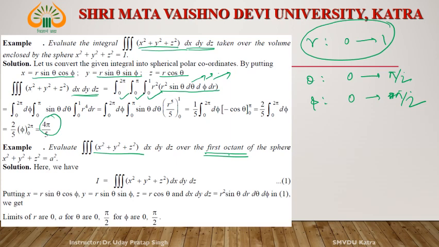The rest of the things are the same. r varies from 0 to a, theta varies from 0 to pi by 2, phi varies from 0 to pi by 2. And evaluate this integral. This is easy. Next lecture we will continue from here onwards.